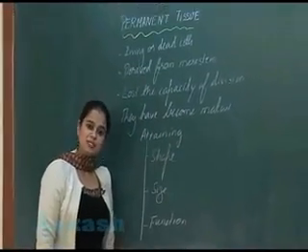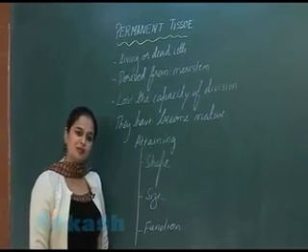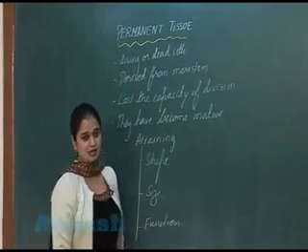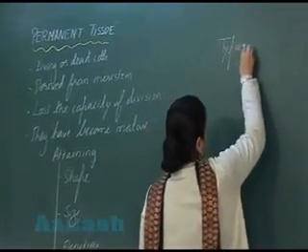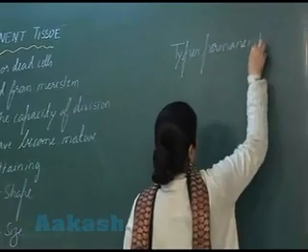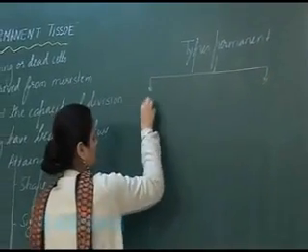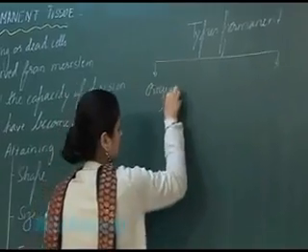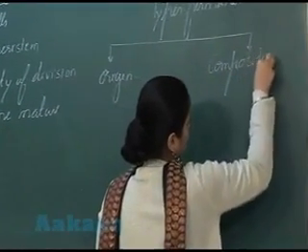Now here we will be dealing with different types of the permanent tissue on the basis of origin and composition. Types with respect to origin and composition of cells.